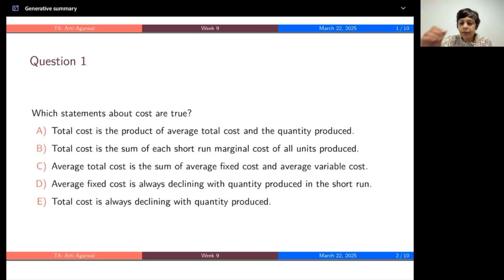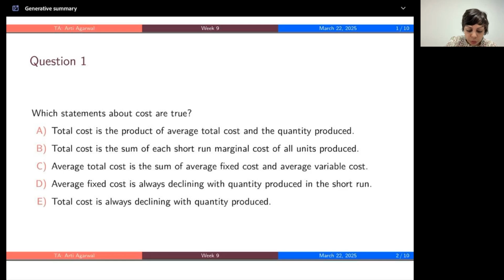Okay, so today's topic is cost minimization, right? So we'll be focusing mostly on costs and different types of costs and how companies take the decision of how much to produce given a certain cost structure.